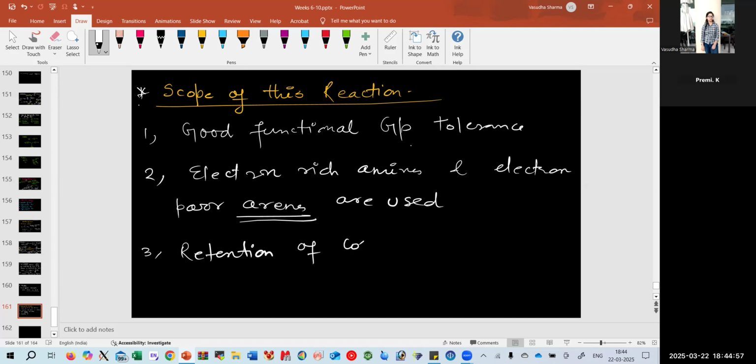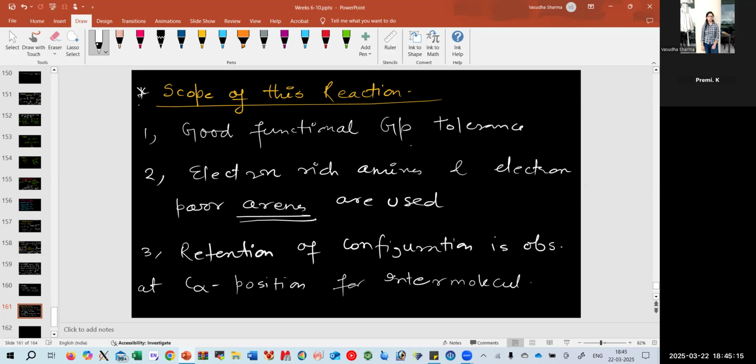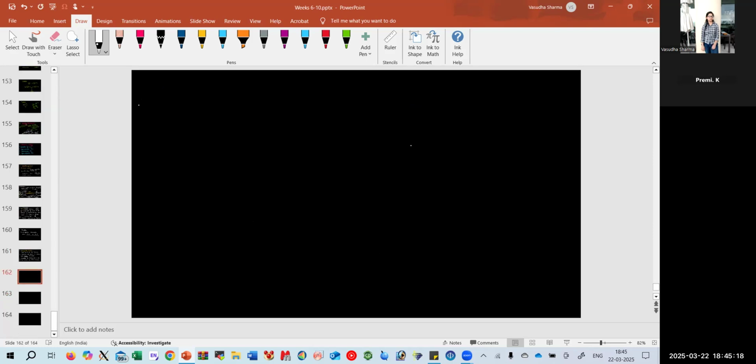The retention of configuration has been observed at the C alpha position for intermolecular coupling of halides when a catalyst is used.